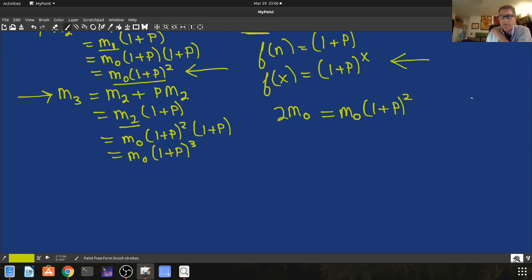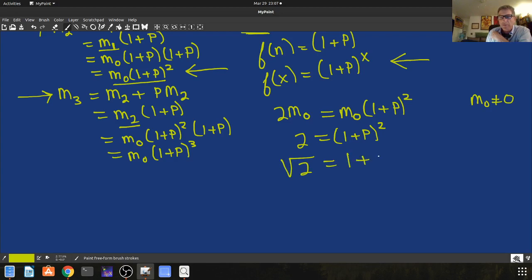Well, we've assumed that M naught is not equal to 0, so we can divide both sides by M naught. And that gives me 2 is equal to 1 plus P squared. Now I want the positive value of P, so I'm going to take the positive square root of both sides.